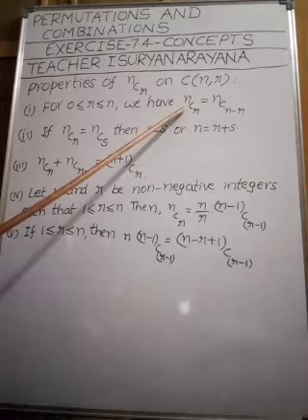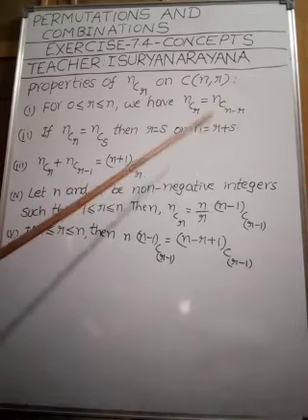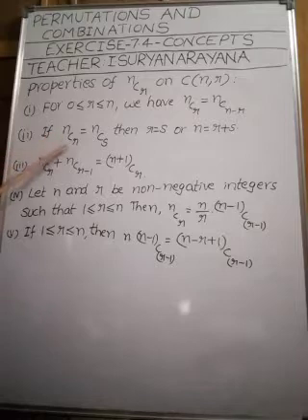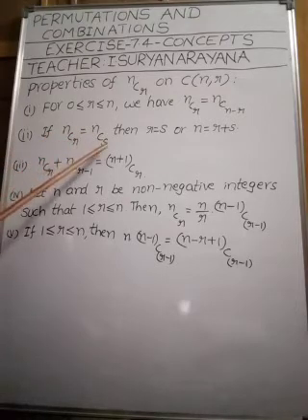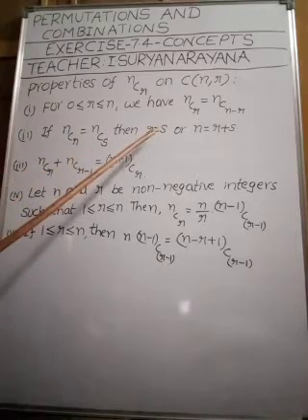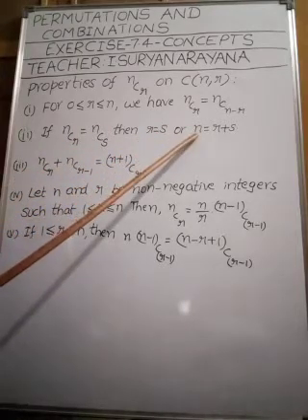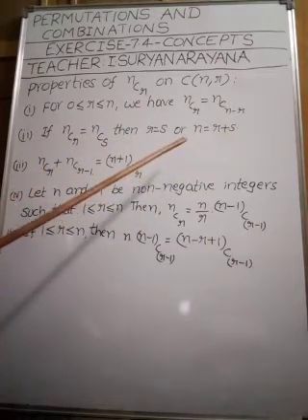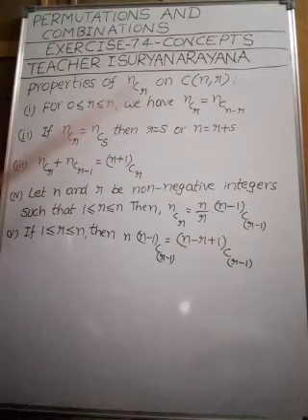The value of this is equal to the value of this number. Come to the second property. If nCr is equal to nCs, then r is equal to s. These two numbers may be equal. Otherwise, n is equal to r plus s. This is another property.